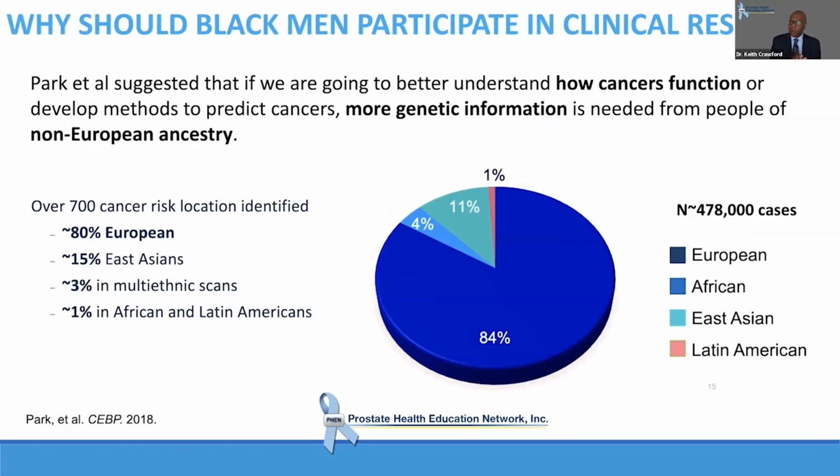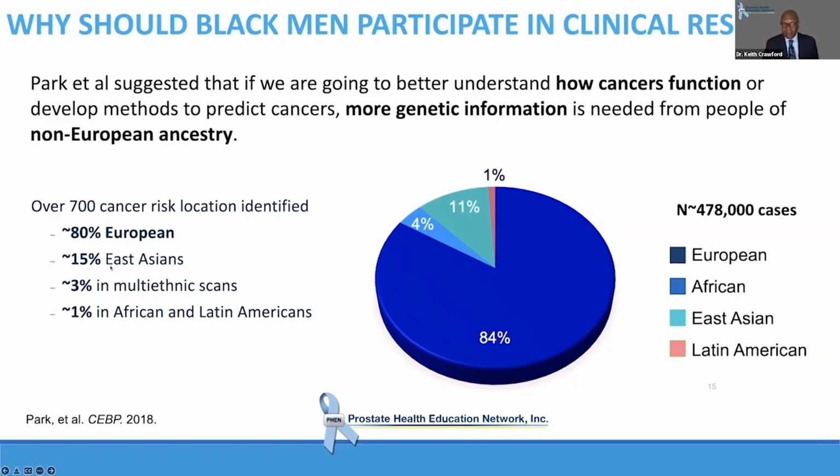You may ask, well, then why should Black men participate in clinical trials? And this is to point out the human genome. We sequenced all the genes of the body. It finished in 2003. And from 2003 to 2022, almost 19 years, we have been able to identify these cancer risk locations. But the problem is a lot of the research has been done on people of European ancestry, greater than 80%.